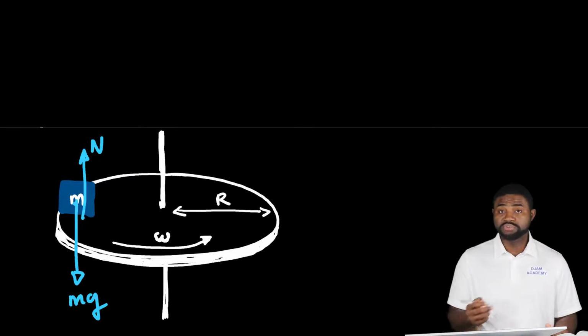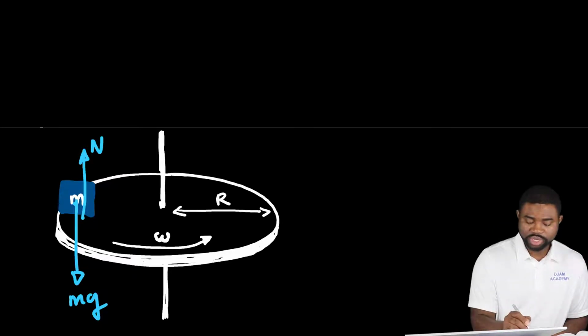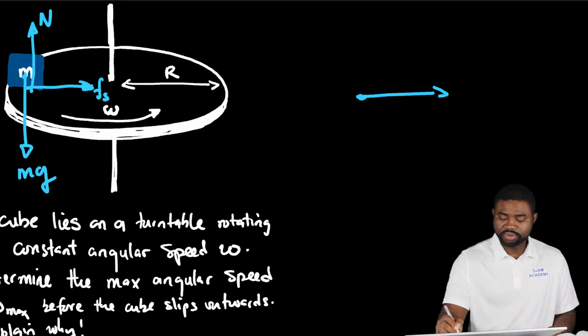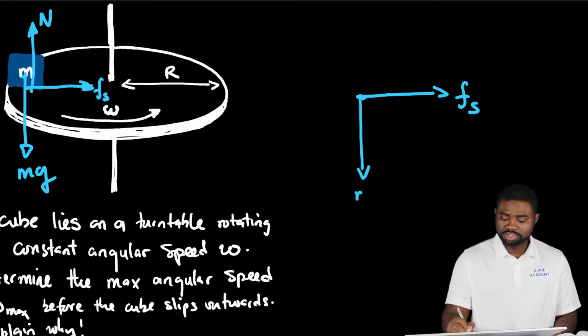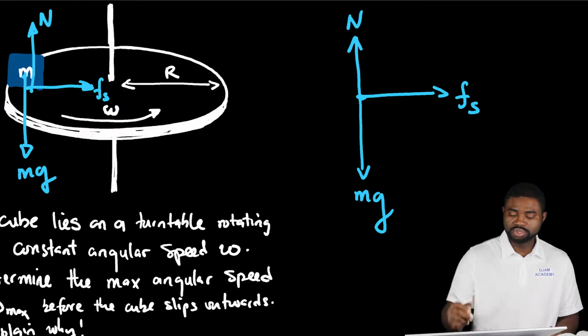That means that there is a force preventing it from sliding outwards. Therefore, that force must be acting inwards. And so we have here a static friction force acting inwards. So if we draw our free body diagram, this is static friction, this is the weight, and you have here the normal force.